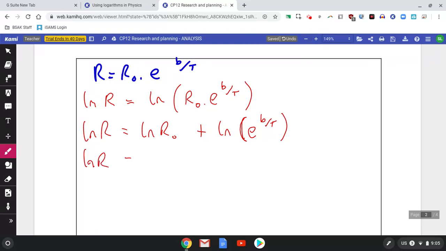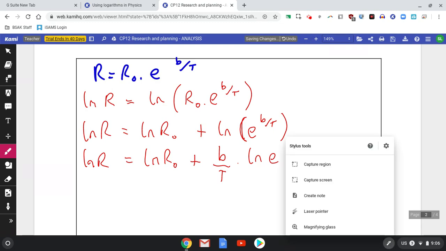natural log r equals natural log r naught plus, now remember what you can do with the power? You can take the power to the front, can't you? Let's do that. So that equals plus b over t, because that whole thing was the power, multiplied by natural log e.